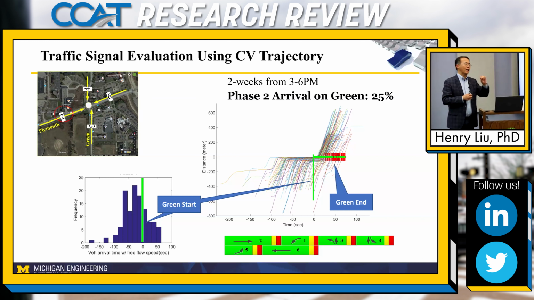Now let's look at how we change our paradigm for managing traffic flow. In the traditional paradigm, we either use the detector data or we get the counts. Sometimes when I was a graduate student, I still used counters to get the counts myself. Those are the things you have to do to retime the traffic light.